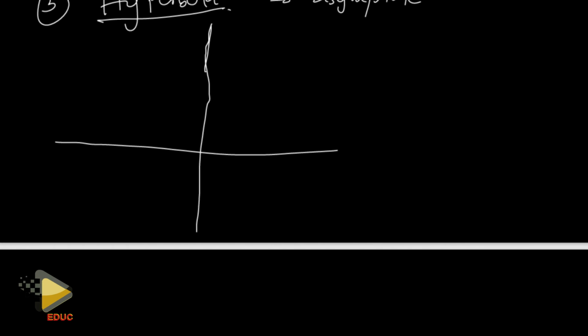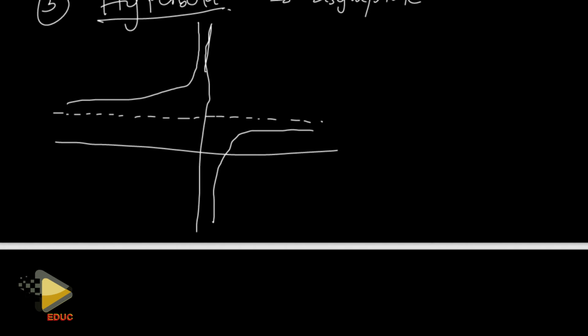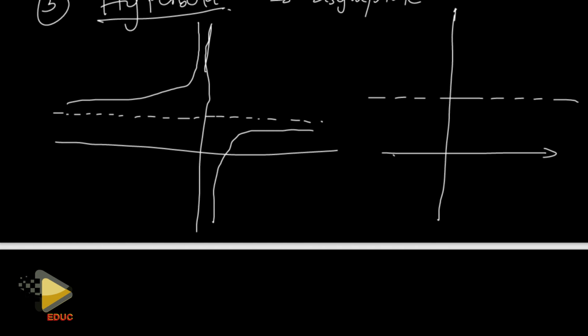The first scenario, if I have this as my horizontal asymptote, I expect my graph to be either here or basically here. This is scenario number one. If I keep the same asymptote, I'll expect my graph to be here or somewhere here. So this is the shape of the hyperbolas.